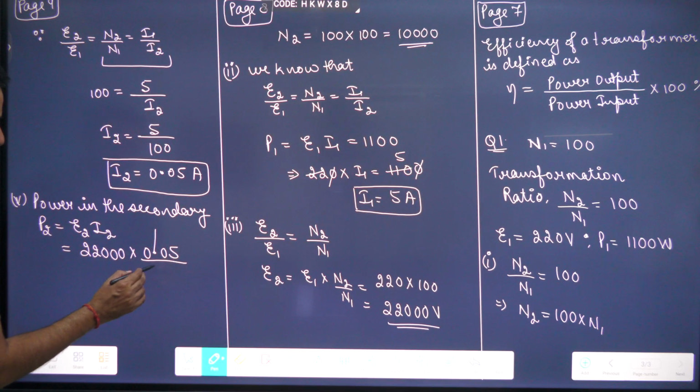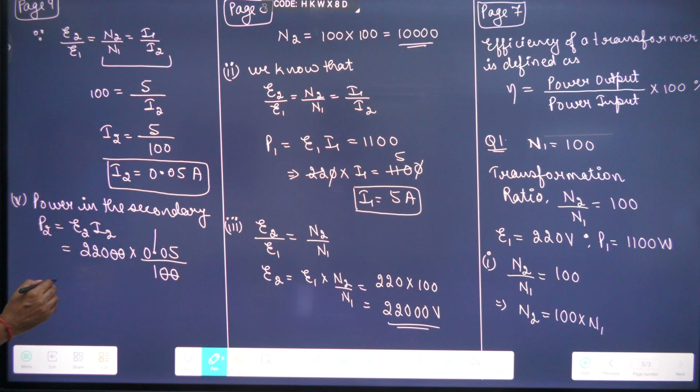Decimal will go away and 100 will come in the denominator. 22 5s are 110 and 1 0 is there. 1100 watt. Or we can also say that since it is an ideal transformer, a type of transformer in which no losses are given, the input power will be equal to the output power. Input power was given as 1100 watt, so output power is also 1100 watt. You can calculate it or simply you can write it. It is an ideal transformer, in that input and output powers are equal.